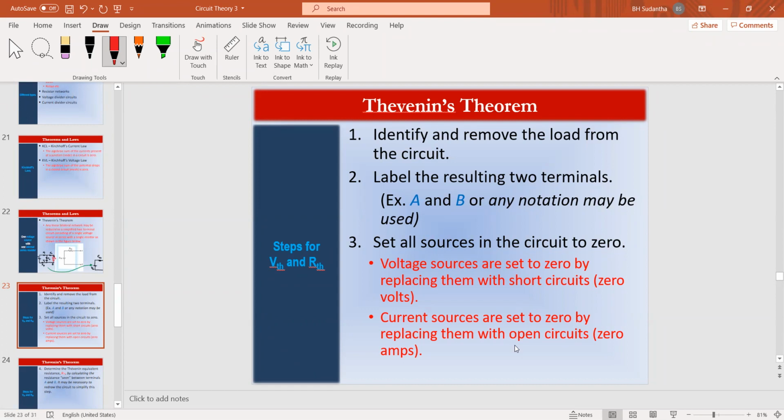Okay. Here, if it is a voltage source, we have to short circuit it. If it is a current source, we have to open circuit it.